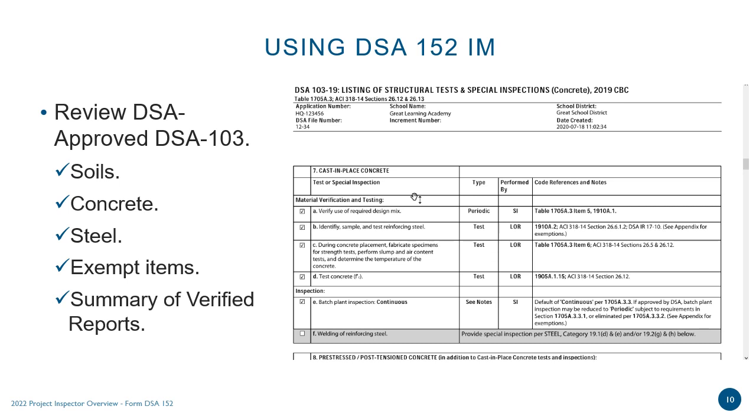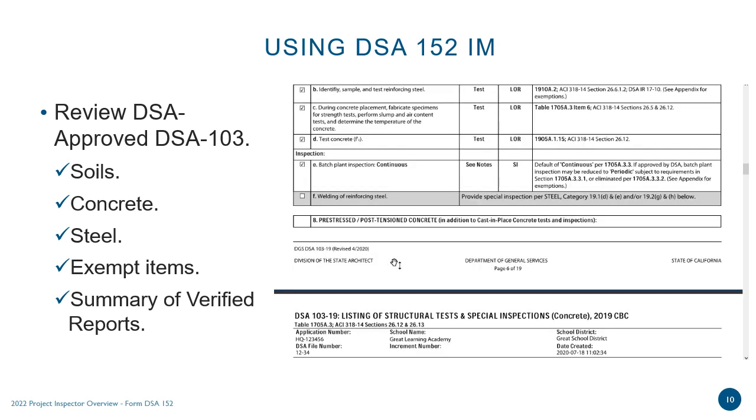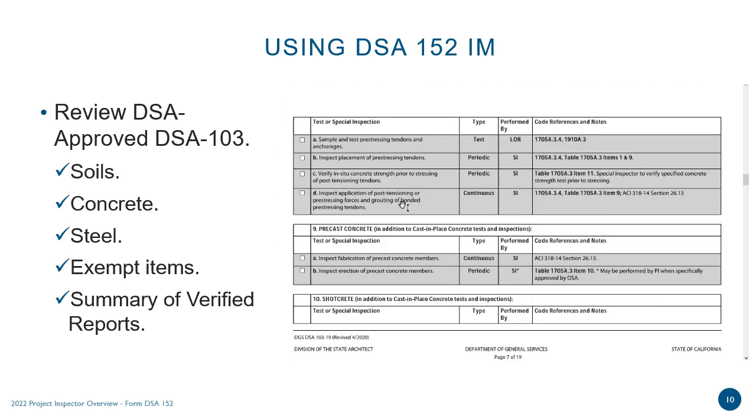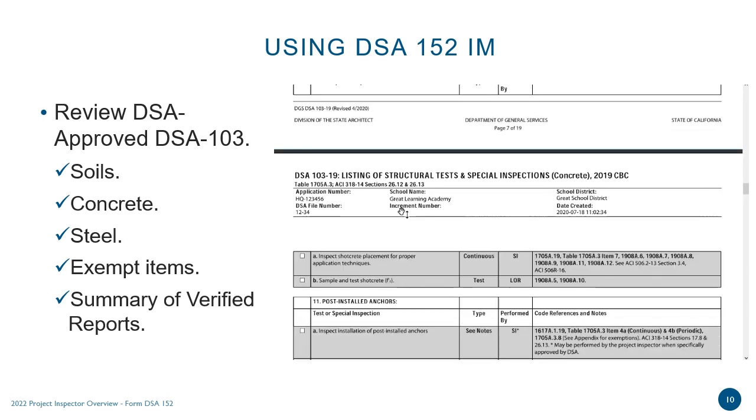Now moving on to the concrete portion, you see the items that are checked here, whereas there's no welding of reinforcing steel, at least in this example, so there's no check and it's grayed out. There will be several sections that we're going to have to scroll through here that are not applicable to our project.